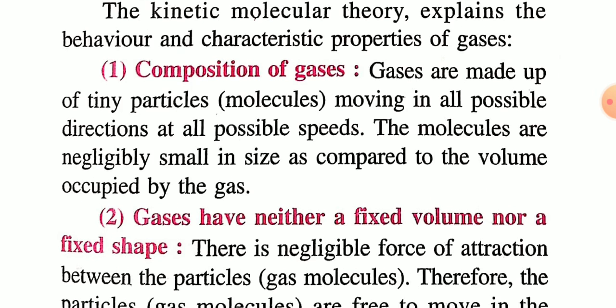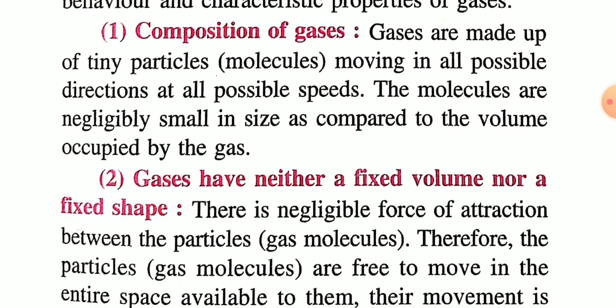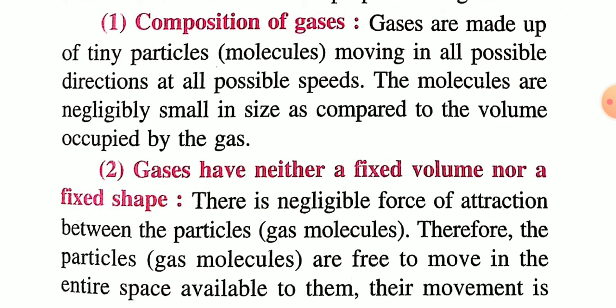So first characteristic property, composition of gas. Gases are made up of very tiny particles or molecules, and these particles are moving in all possible directions at all possible speeds, and the molecules are negligibly small in size as compared to the volume occupied by the gas.